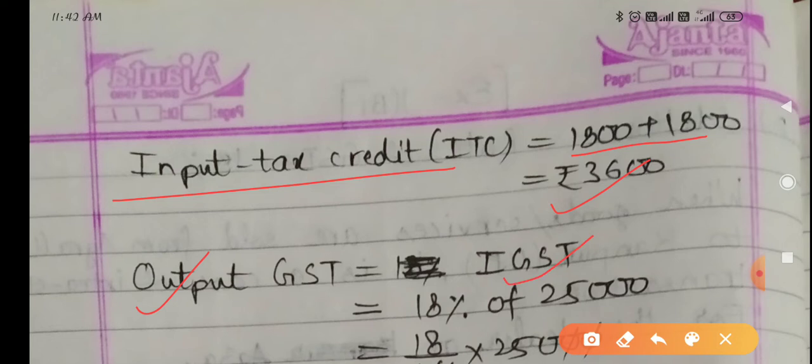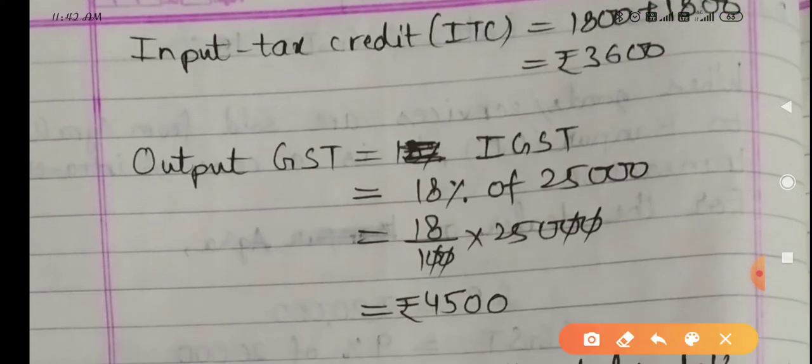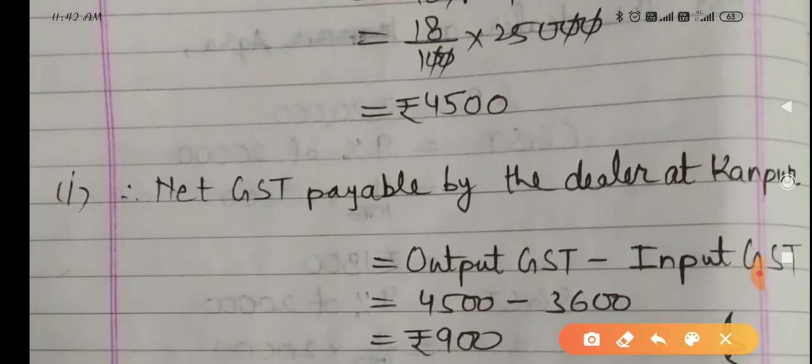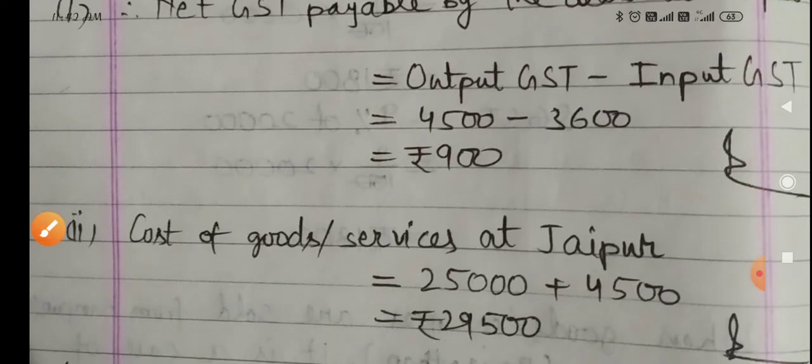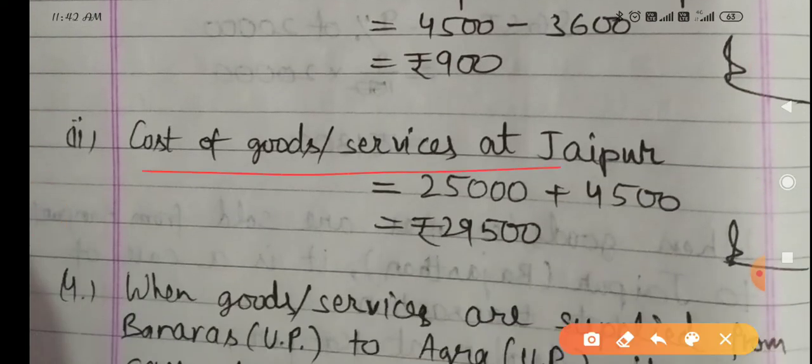He is making an interstate transaction. So output GST will be IGST: 18% of 25,000, 4,500. So input tax credit 3,600, output GST 4,500. So net GST payable is their difference. Net GST payable by the dealer at Kanpur is output GST minus input GST, 4,500 minus 3,600, 900.